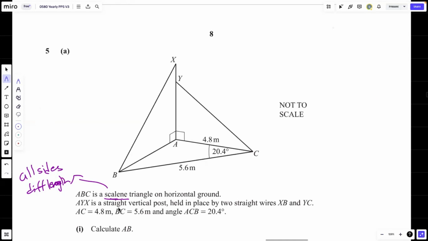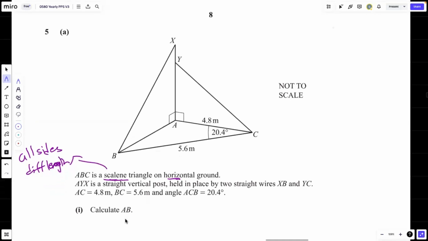We'll get to know that in a minute or so. AYX is a straight vertical post. So this is like the base because it's on horizontal ground, ABC. And this is like a pillar, a vertical post that you have here, held in place by two straight wires, XB and YC. AC is this, and you have all the relevant lengths and angles given.